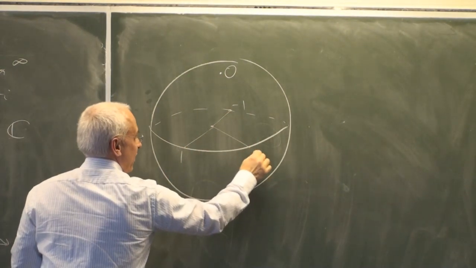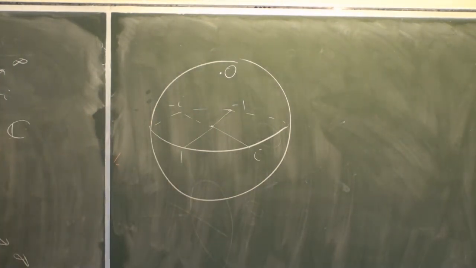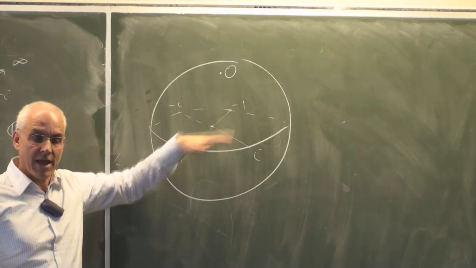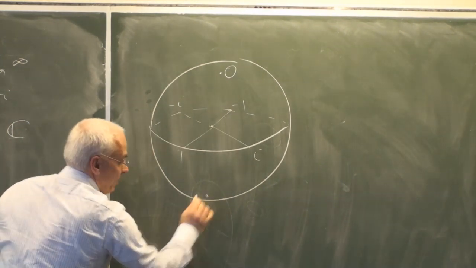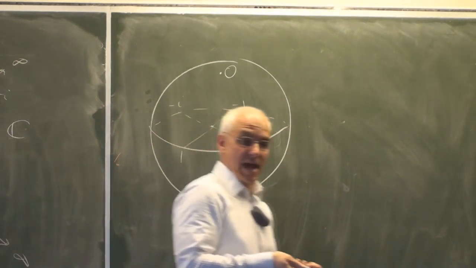And the point at right angles here, that would be i. And the point on this opposite side would be -i. So the usual interior of the unit disk, the inside of the unit circle, will be the northern hemisphere, the upper hemisphere. And everything outside the unit circle will be the lower hemisphere, with the south pole being our extra point at infinity that we had to add.